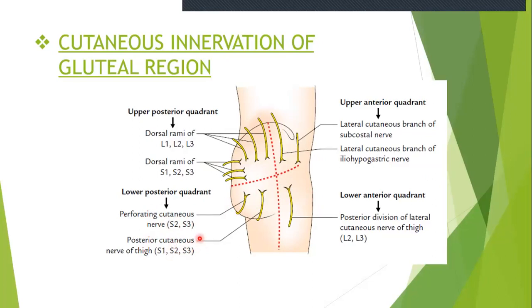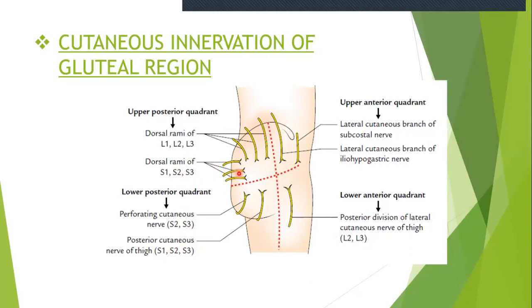So S1, S2, S3. Then the upper posterior quadrant is innervated by the dorsal rami of L1, L2, L3, S1, S2, S3. Okay, you have seen that. So this is T12, L1, L2, L3, S1, S2, S3, and these are those as I have said.